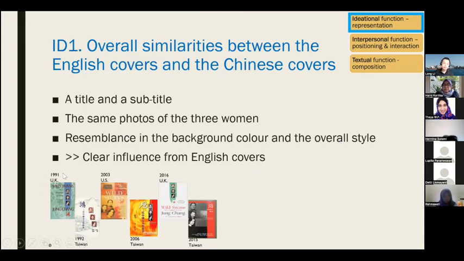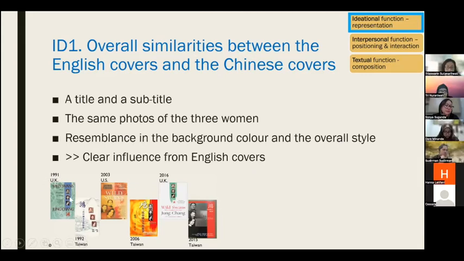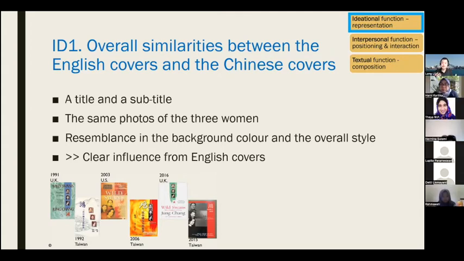So for example, both the 1991 and the 1992 covers use rather muted colors like dark green and dark purple. And both the 2003 and 2006 covers use bright, vibrant colors like red and orange. The 2016 and 2015 covers both use a rather simplistic modern style, which may be the preferred standard of aesthetics in the last 5 to 10 years.